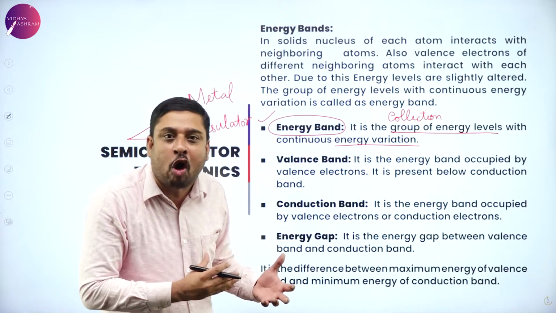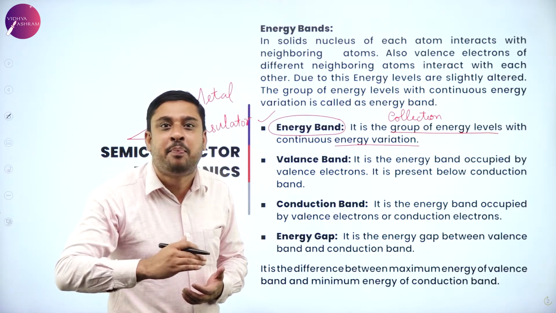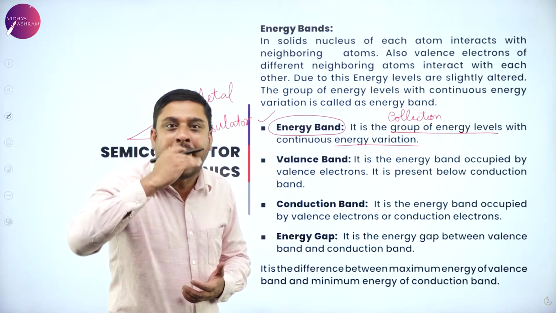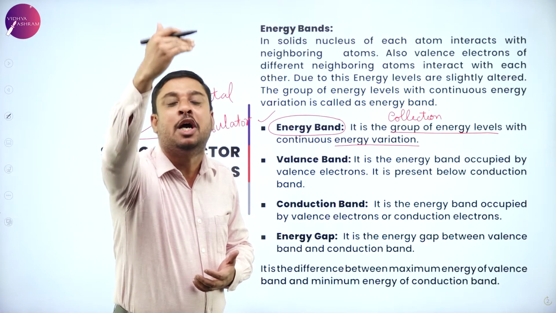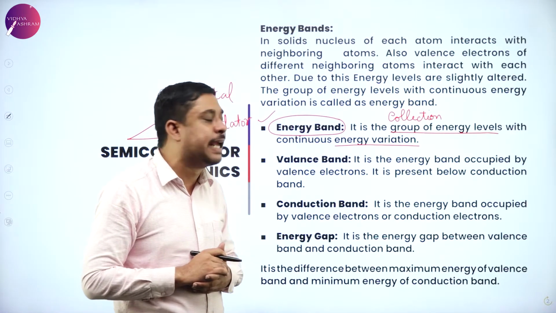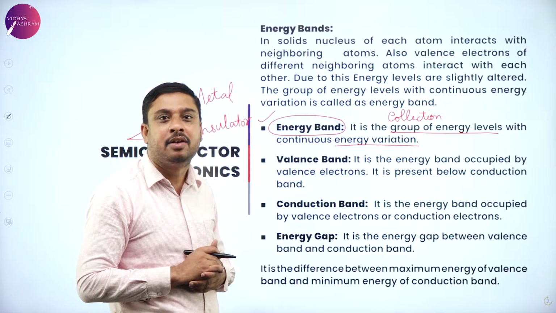An electron or a hole, they jump from one energy band to another energy band, causing variation in energy.